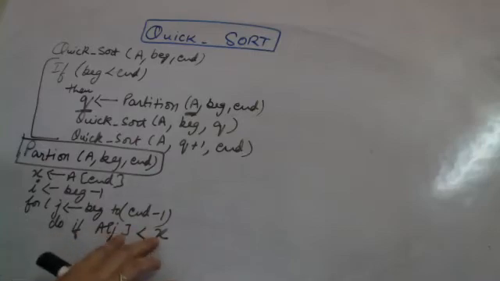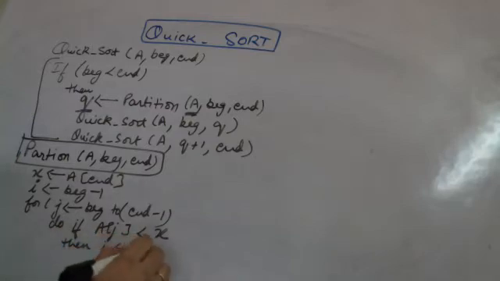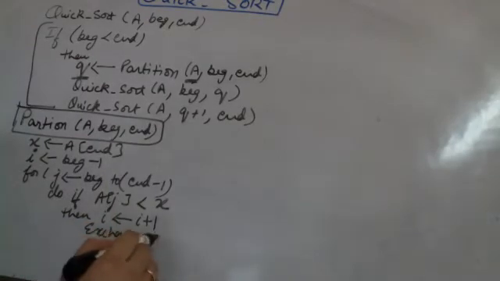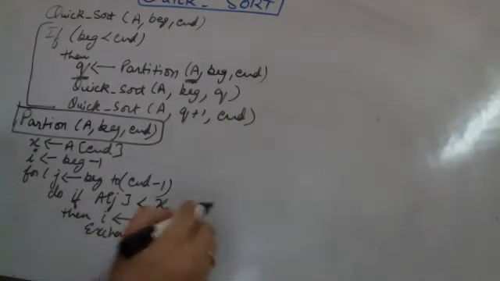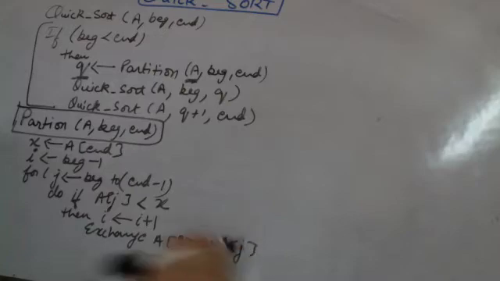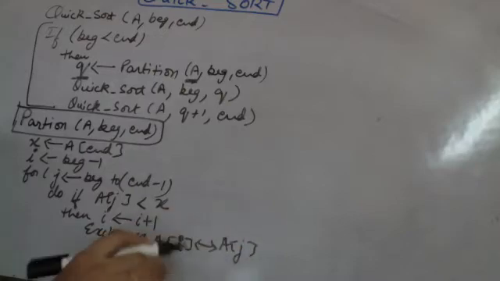If it is less than the pivot element, then i is i plus 1 and I exchange A of i with A of j. I will rerun the procedure. Don't worry, just write it down first.